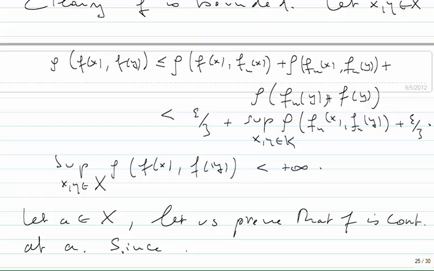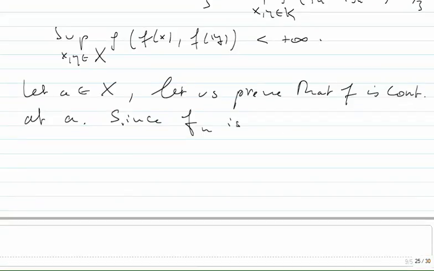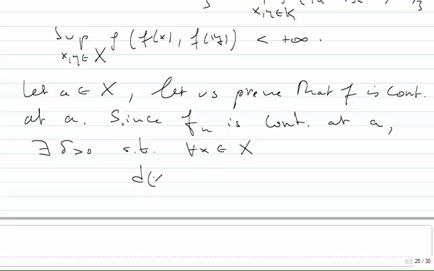Since Fn is continuous at a, there exists delta such that for every x in X, the distance from x to a less than delta implies that the distance from Fn of x to Fn of a is less than epsilon over 3.